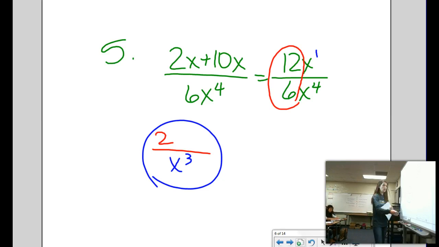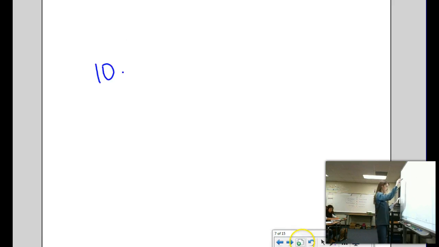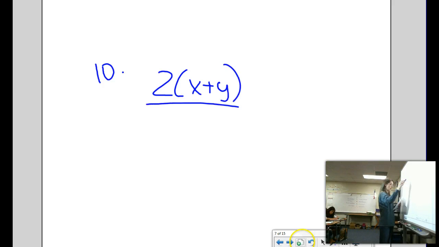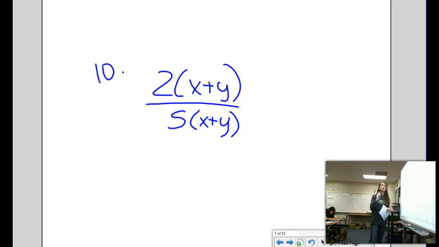Okay, number 10. 2 times the quantity x plus y over 5 times the quantity x plus y. Now, don't look in the parentheses. Don't look inside the parentheses. Outside the parentheses, do you see any addition or subtraction? No. So we're allowed to cancel things out.